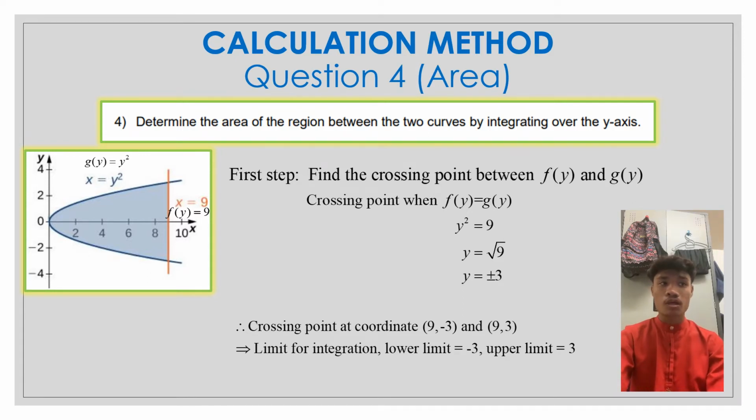The crossing point is when f(y) equals g(y), so y squared equals 9, y equals plus or minus square root of 9, so y equals 3 or negative 3. Therefore the crossing points are (9, -3) and (9, 3), and the limits for integration are lower limit negative 3 and upper limit 3.